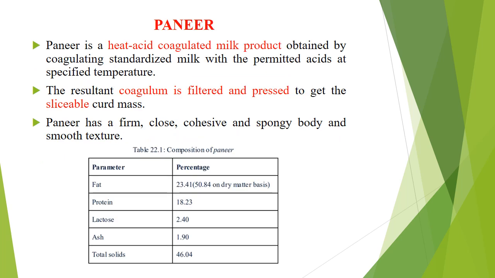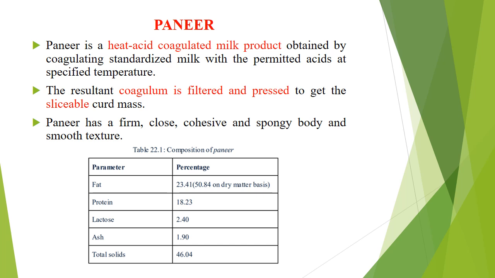So paneer, as I told you earlier, is a heat-acid coagulated milk product. How paneer is manufactured is that to standardized milk, which has a fat percentage of 4.5, the permitted acids such as citric acid or vinegar are added.